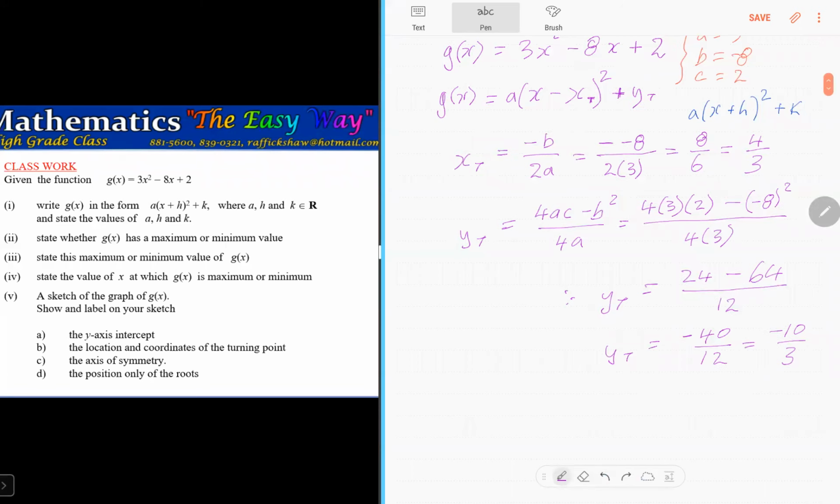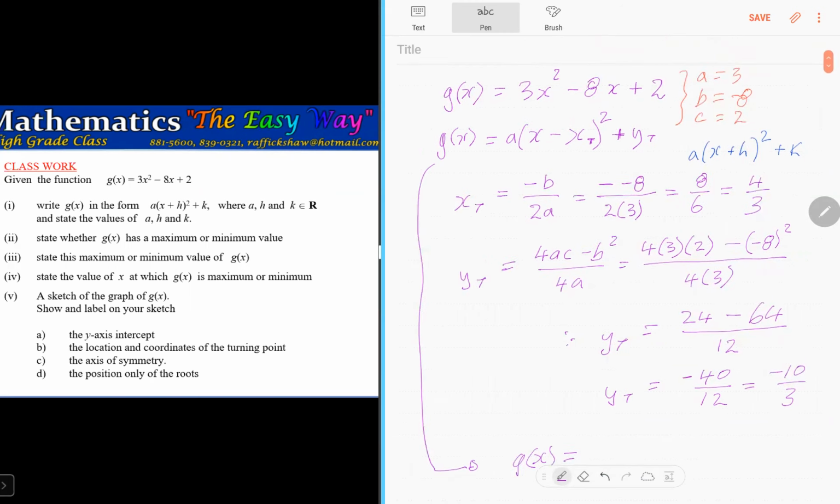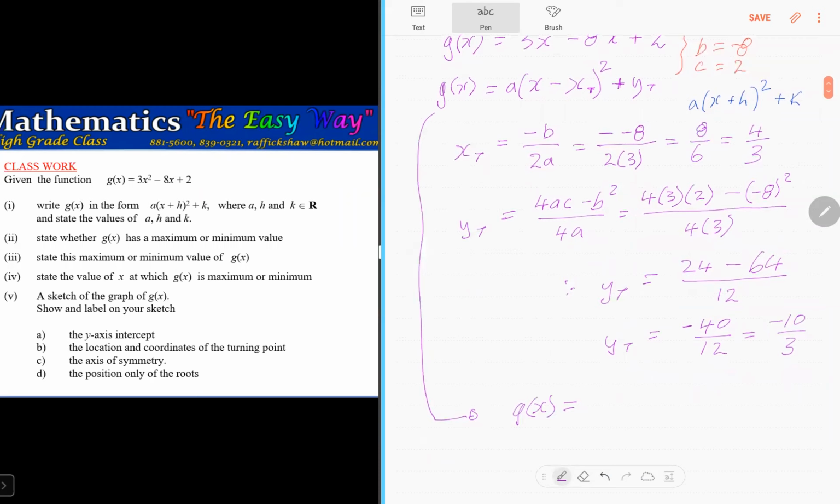All right, and so this expression now becomes g of x equals the a, which is 3, bracket x minus the xt value, which is 4 over 3. Don't forget the square, and the yt value is negative 10 over 3. So the k is negative 10 over 3.